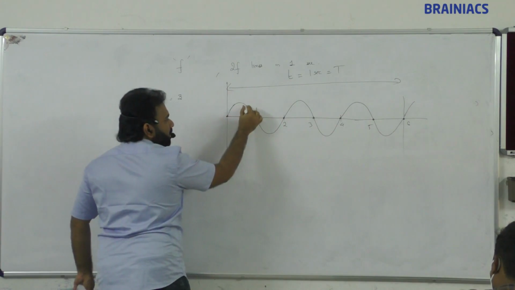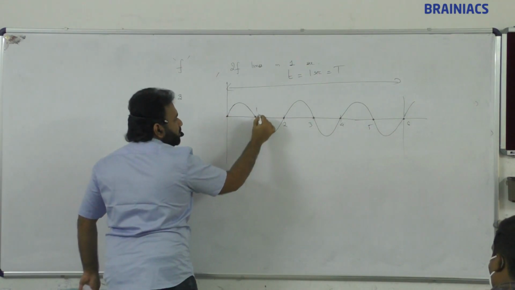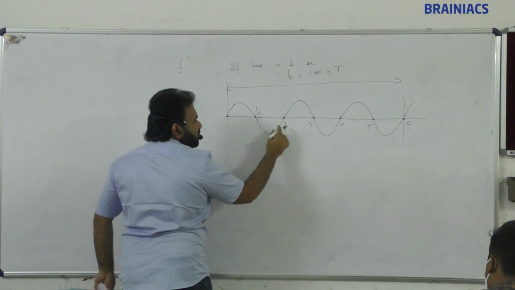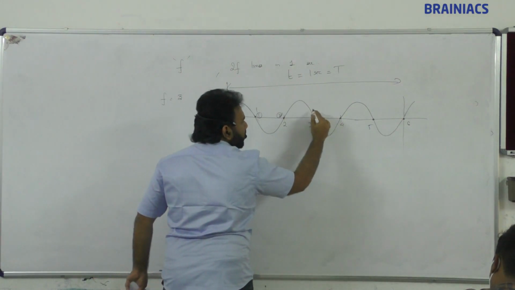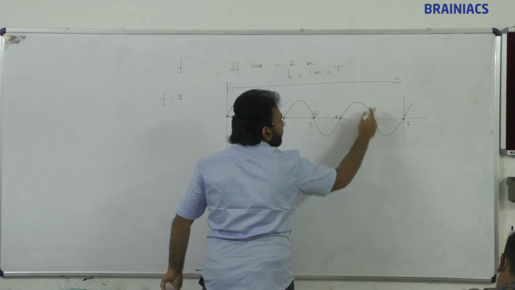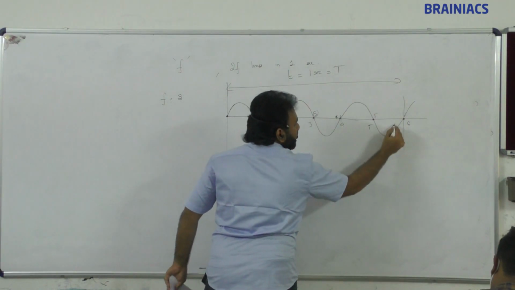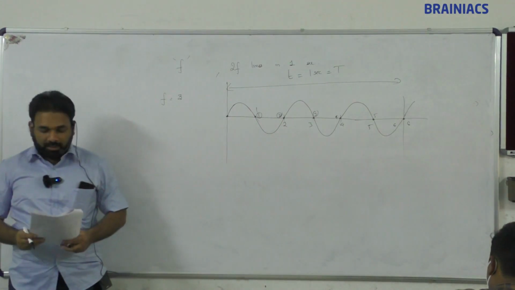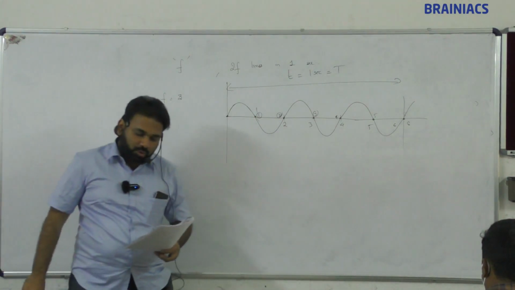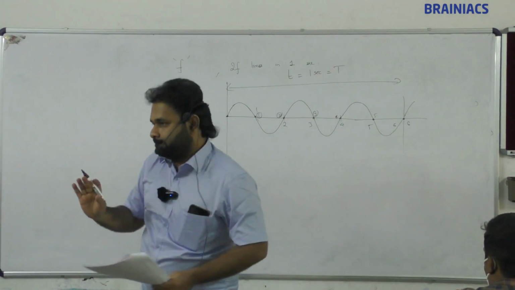This is one direction, so here it is changing the direction. So this is number 1. After reaching here, this is again changing, number 2, then number 3, then number 4, then number 5, then number 6. Okay, clear? So direction of current changes 2f times in 1 second.